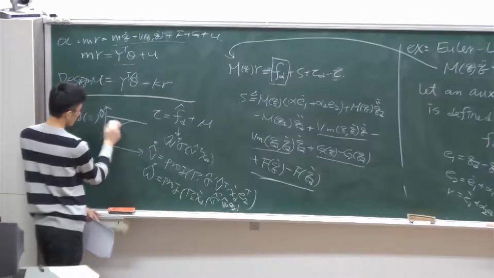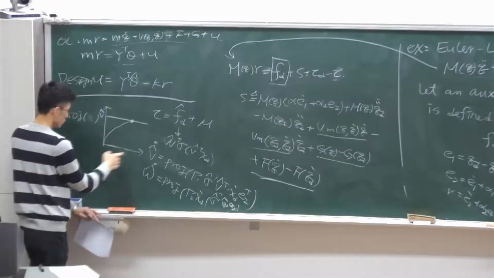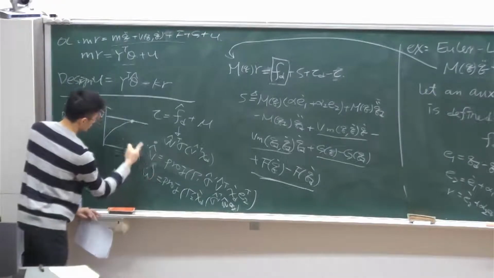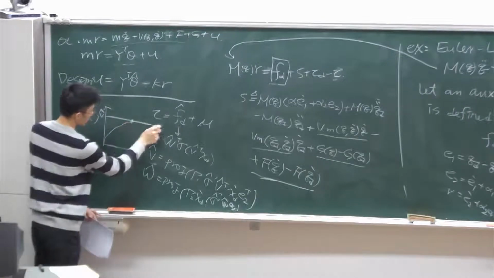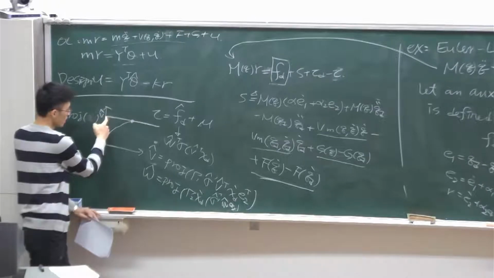If V hat is trying to go beyond this threshold, you will constrain V hat dot to be 0, so it will remain constant, remain on the boundary. Okay, so V hat will never go beyond this value.